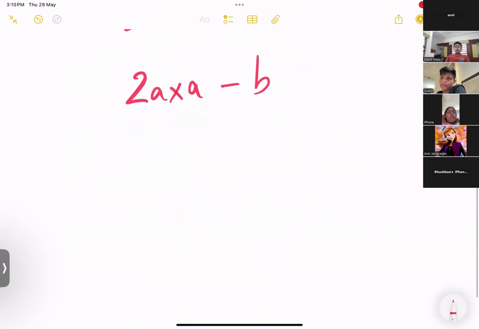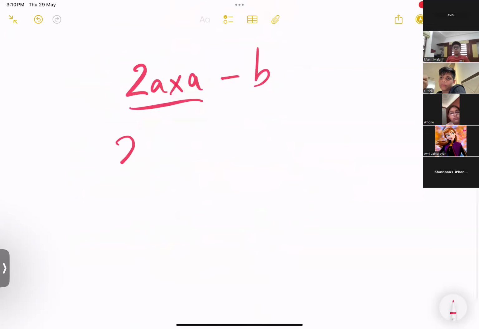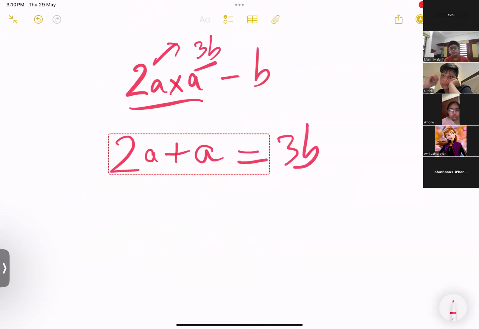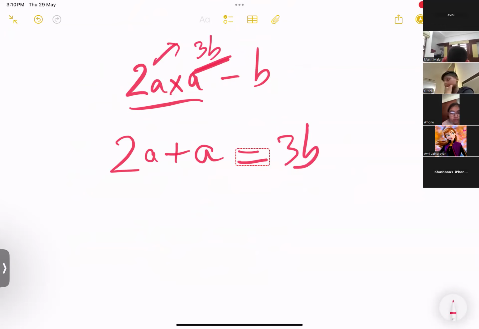Now when I have 2a into a, have I written 2a plus a or is it multiplication? Don't give me the answer 3b. Someone has given this as 3b. Be very careful with the operations. Only then you will be perfect with your algebra. If you are careful with the symbols like minus and plus, if you are careful with your variables, you are not going to go wrong.